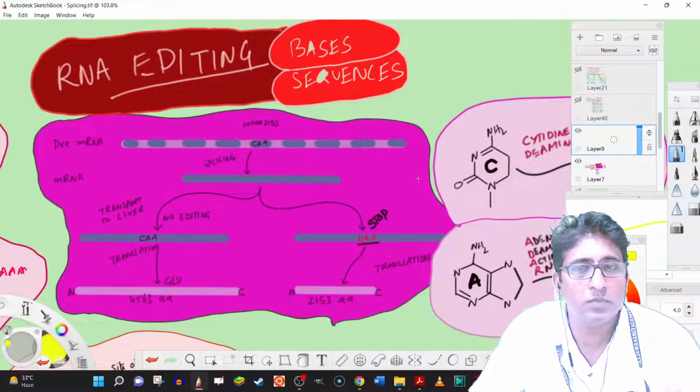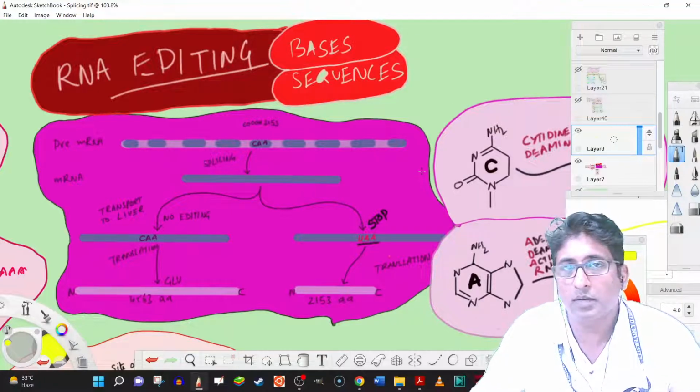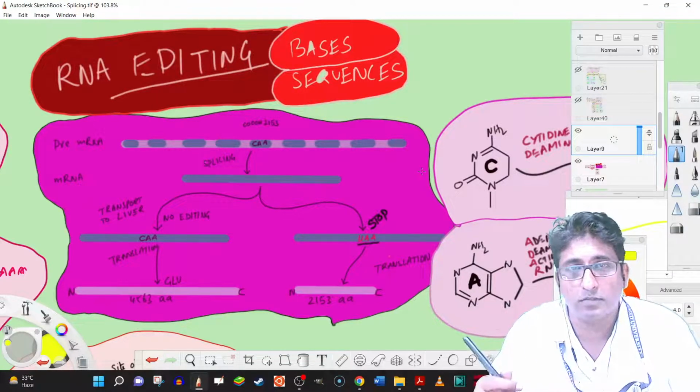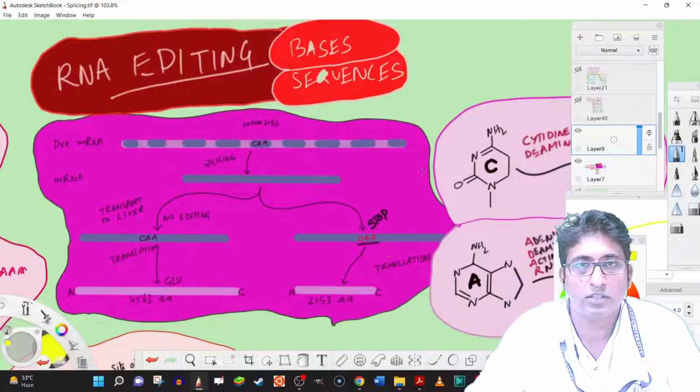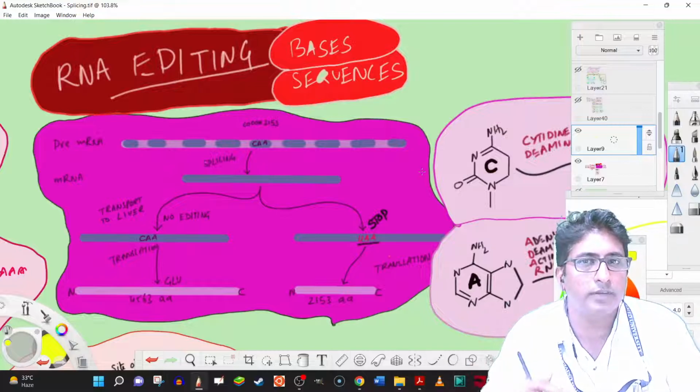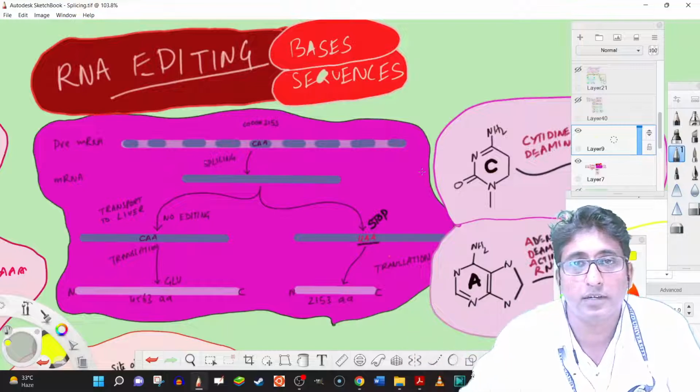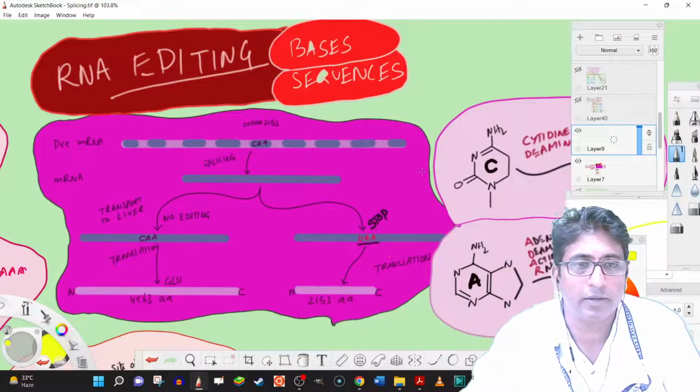So base modification is one. The number of bases remains the same, but the sequence has changed, at least in some locations. It is analogous to point mutations like substitutions, transitions and transversions, which we may have studied in DNA damage and repair.